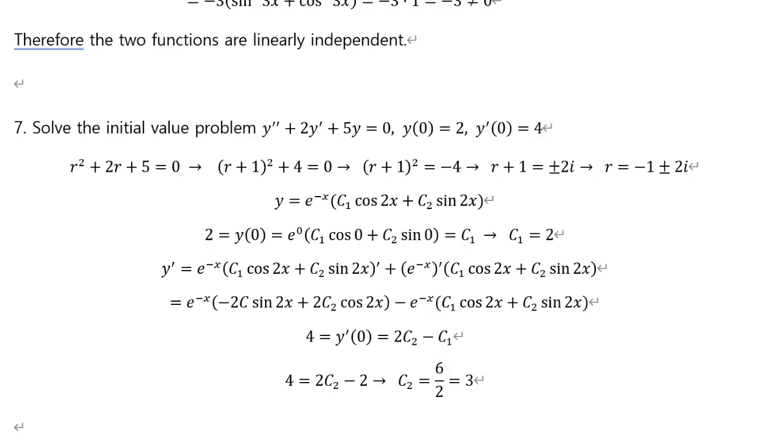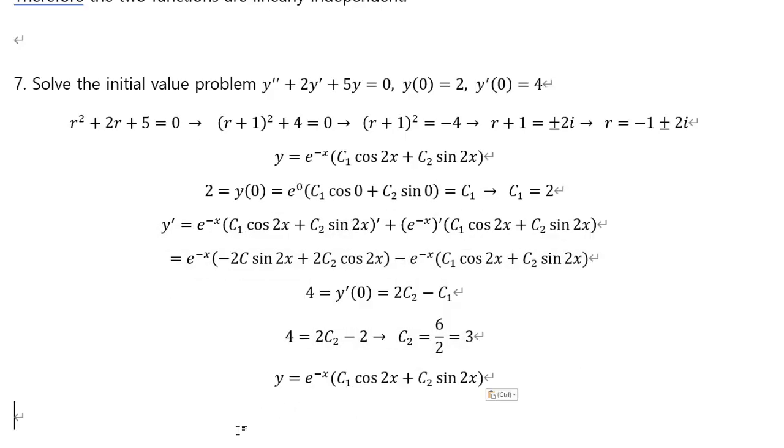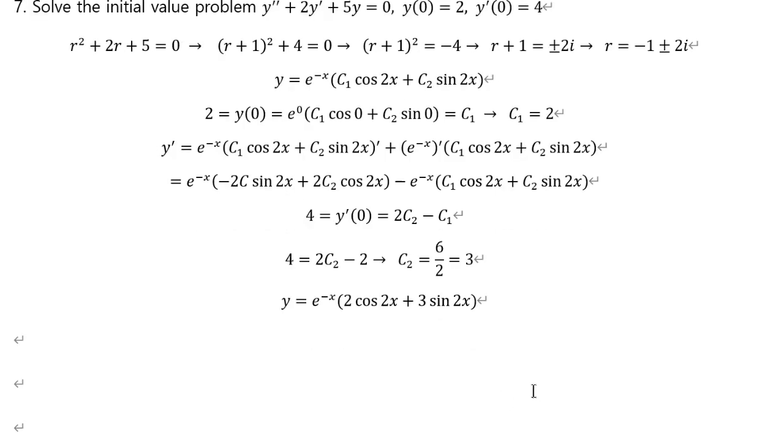So you got c2 as 3, and if you stop here you don't get full credit because the differential equation is asking you to find a function as its solution. So this value of 2 and this value of 3 must be plugged in, and this is the final answer. Okay, so if you stop here you don't get full credit, but if you stop here, that's the final answer.